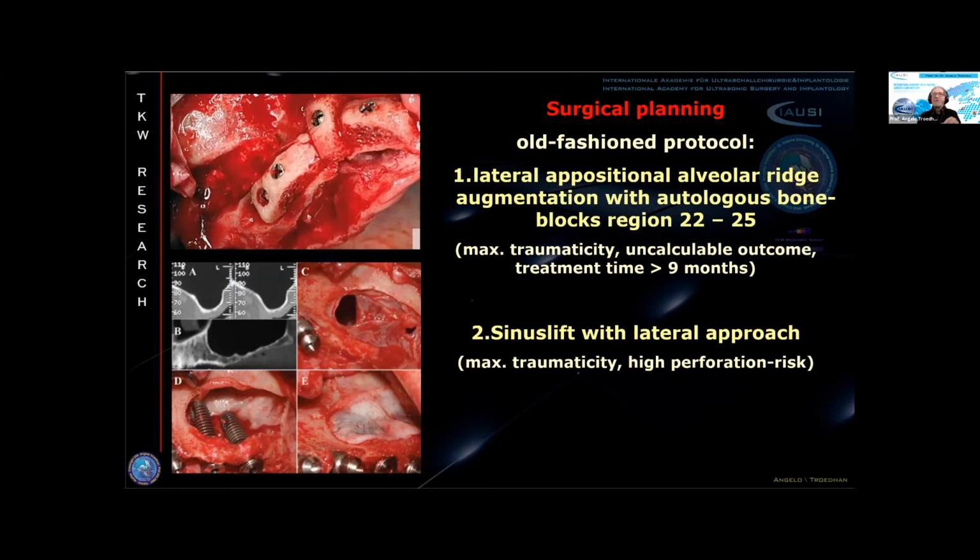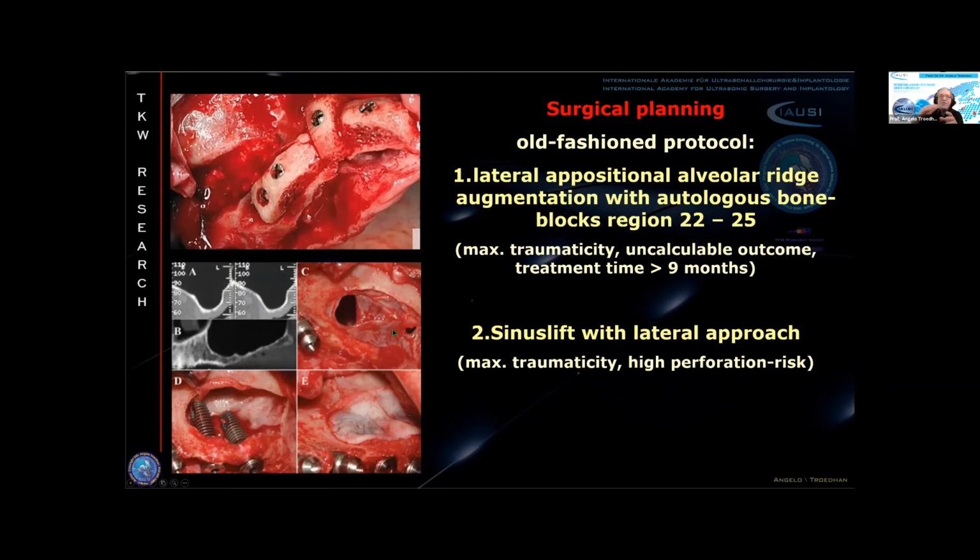So far to the lateral appositional augmentation, the traditional, or as I call it now, the old-fashioned protocol, because it's not the gold standard anymore. Of course, we have maximal traumaticity, an incalculable outcome, and the treatment time is, of course, longer than 9 months.